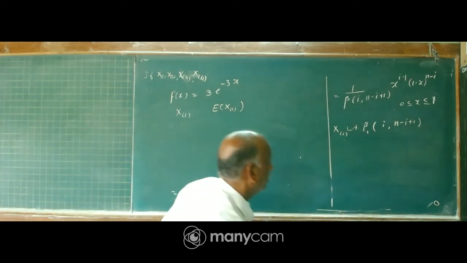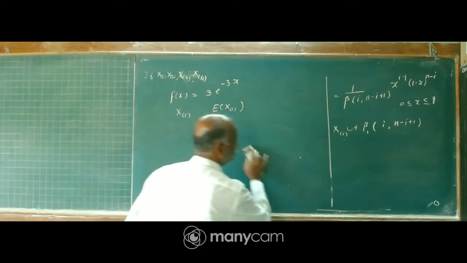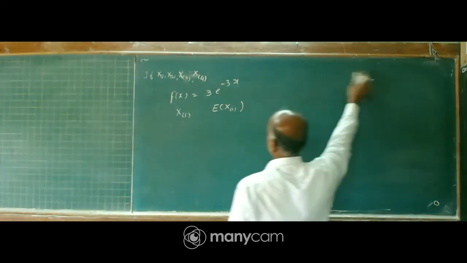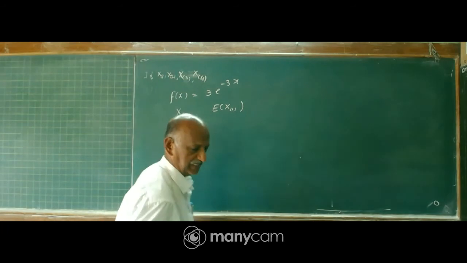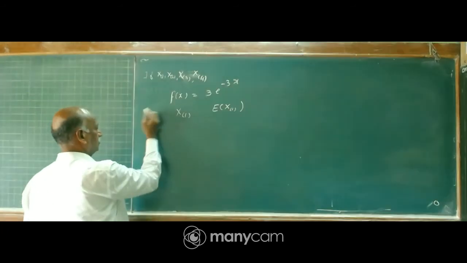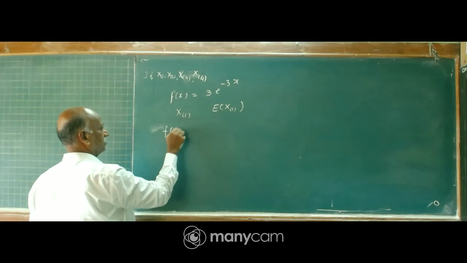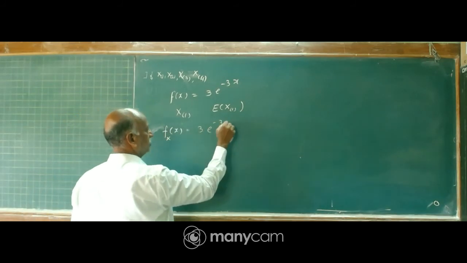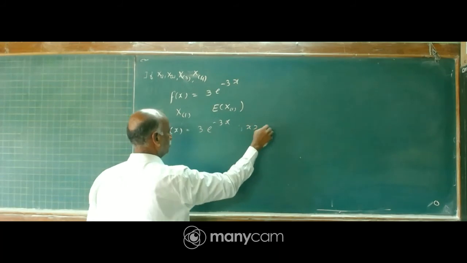Now, since our distribution is exponential with parameter theta equal to 3, the pdf f(x) is 3 e raised to minus 3x for x greater than or equal to 0.